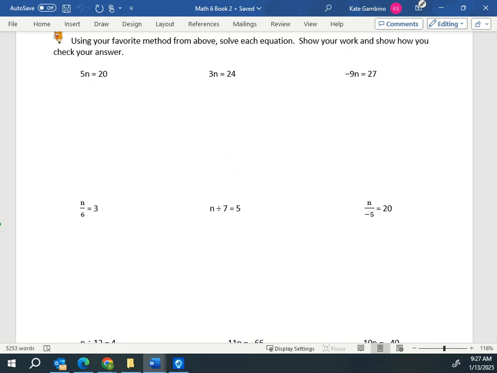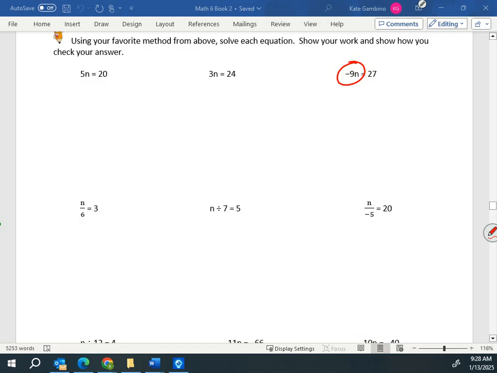Remember our rules when we're working with negative numbers. If you are multiplying or dividing a negative and a positive, your answer is going to be negative. If you're multiplying or dividing the same symbols, negative divided by a negative, positive divided by a positive, your answer will be positive.